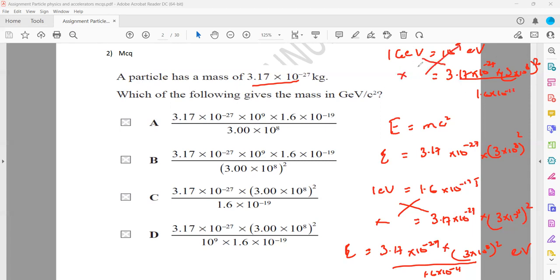So when we cross multiply, again we have to divide. So the final answer will be D: 3.17 × 10^-27 × (3 × 10^8) squared divided by 10^9 and 1.6 × 10^-19. So basically, when we solve this, we'll get the energy in giga electron volts. And this energy in giga electron volts is the same as the mass in giga electron volts per c squared.